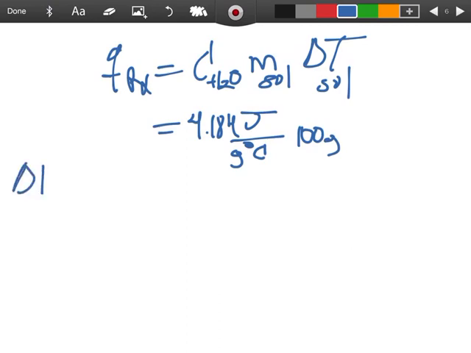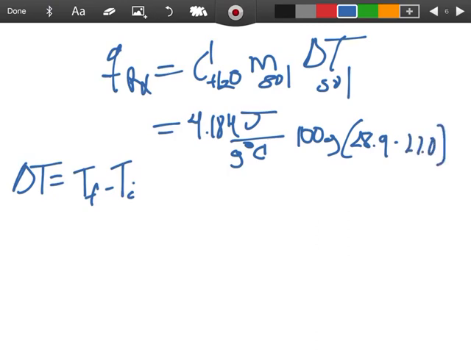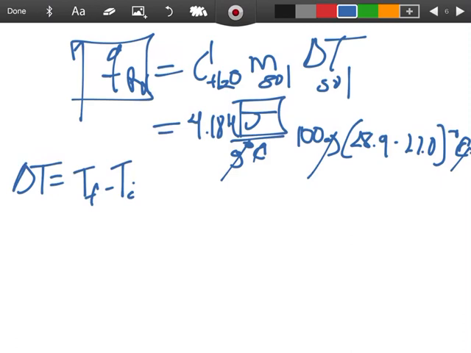Remember that the change of temperature is going to be what? Final minus initial, right? So in this case, what I will have is 28.9 minus 22.0, and all of these are Celsius. So let's check the dimensional analysis. Celsius will go with Celsius, grams will go with grams, and since I am looking for heat, the correct unit is joules. So the dimensional analysis tells me that I am doing apparently everything okay.